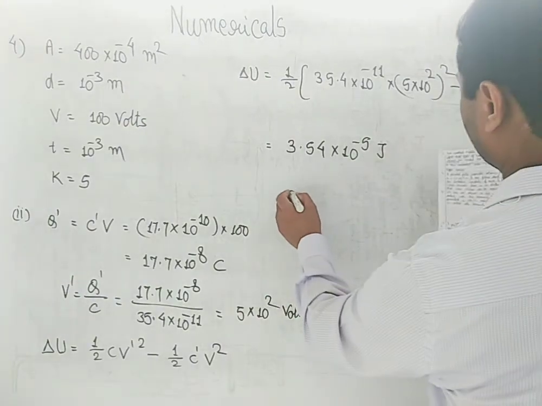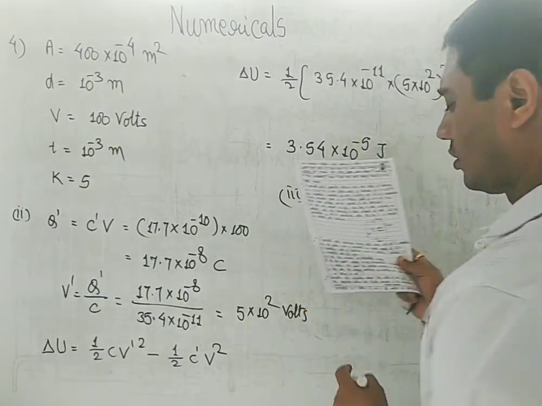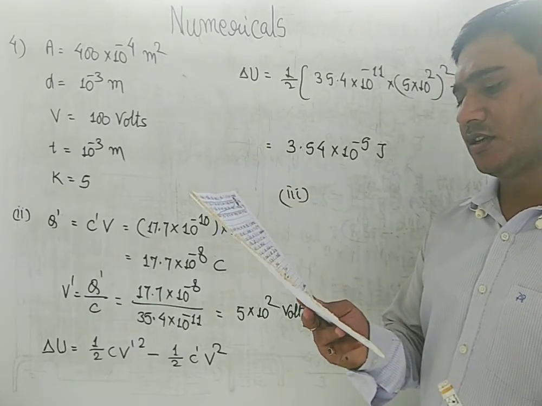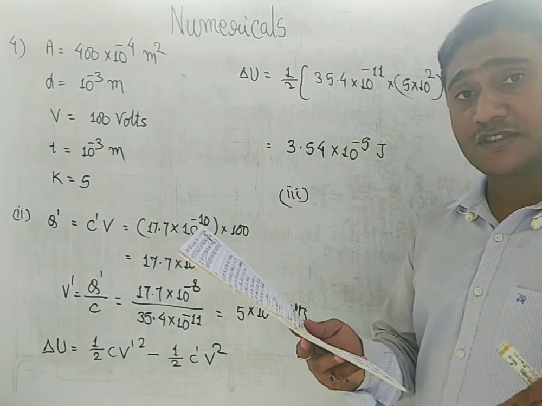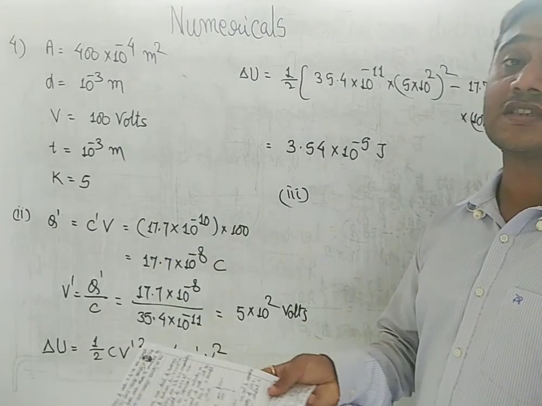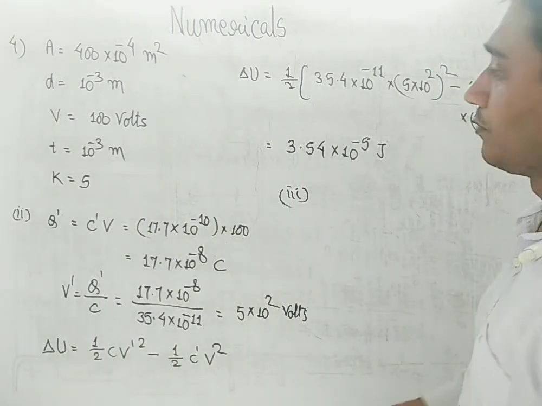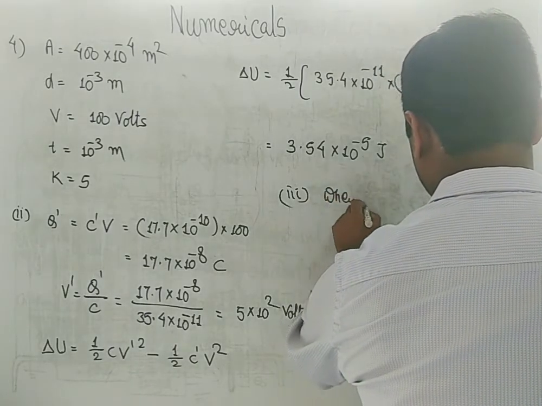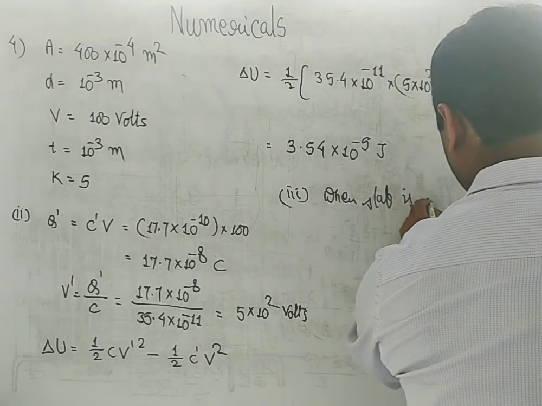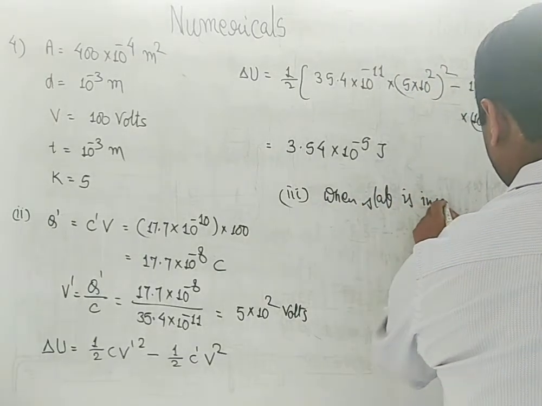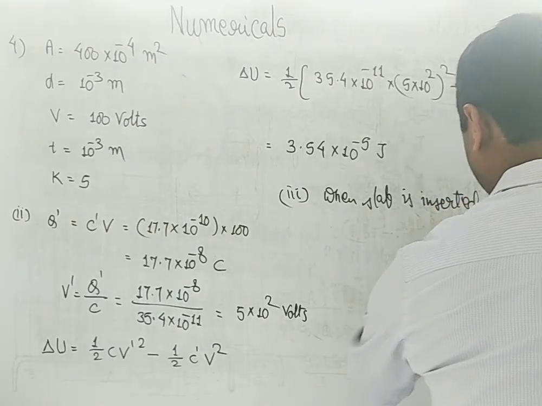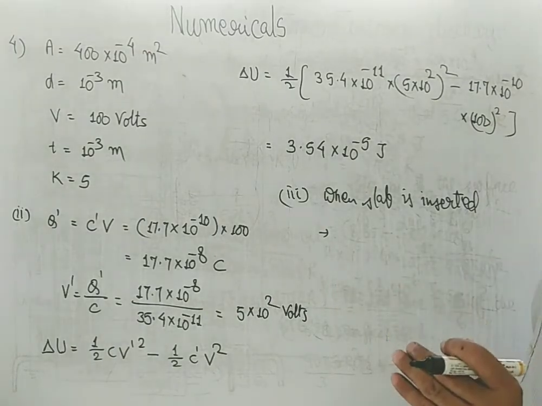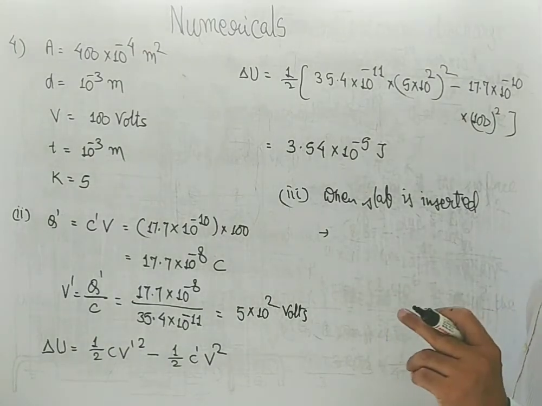Now, the third part of the question asks for the reason for the increase in energy when the dielectric slab is inserted and when it is taken out of the capacitor. For the first case, when the slab is inserted, the insertion of the slab increases the capacity by a factor of the dielectric constant.